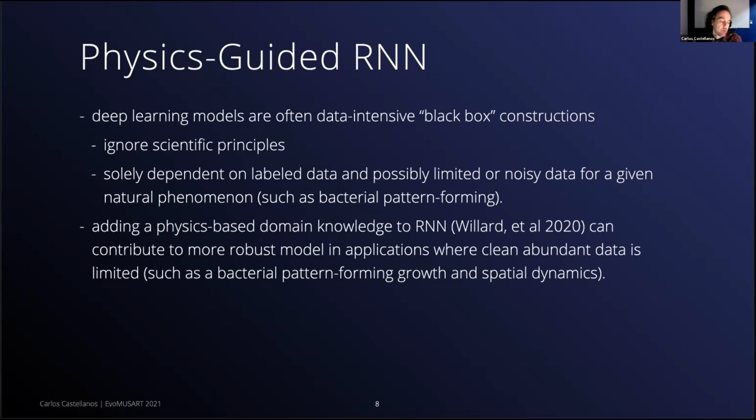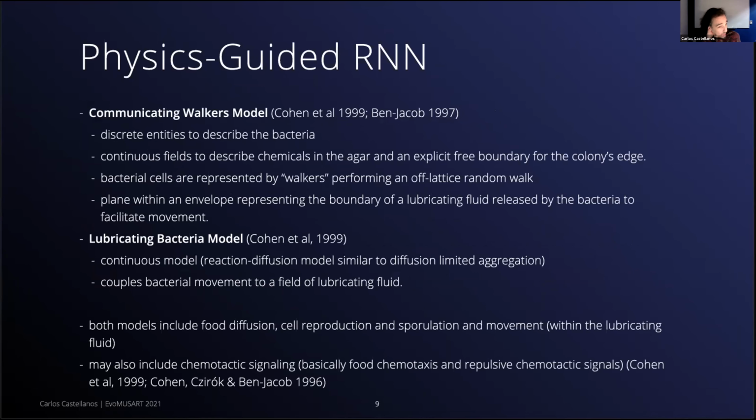You just throw data at it, and typically you ignore scientific principles, right? In this context, adding a physics domain model is a new thing that Willard et al. have been doing, using it to model the physics of water dissipation in lakes and that sort of thing. The idea is that it gives you a more robust model where it's hard to get good, clean data, so you have a little bit of domain-specific knowledge to help it out.